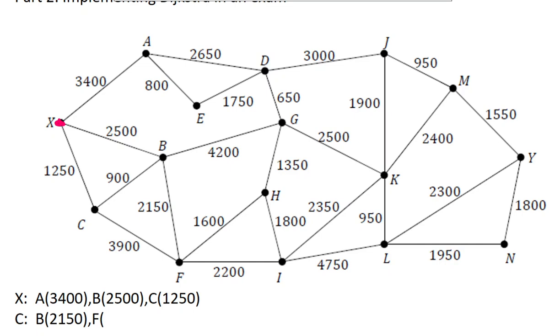And here now we say that C is visited, mark it on the graph, and we can also now cross out the B to 2500, because we have a 2150. Now I'm hoping that the sums are obvious. So 1250 plus 3900 gives you your 5150. 1250 plus 900 gives you your 2150. So we've written that down.